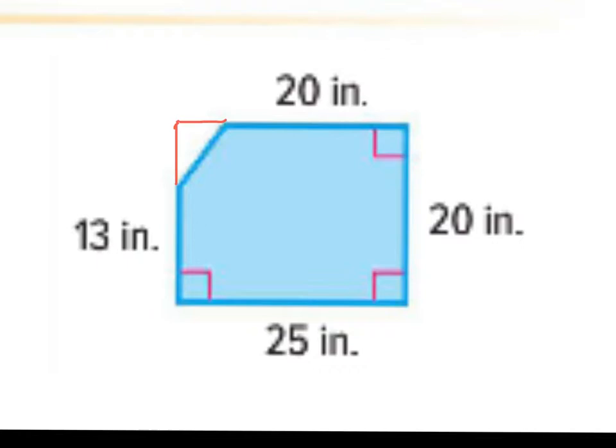Now, how long are these dimensions for this very small triangle that we have in the corner? Well, you can see that along the bottom, from this corner to this corner, we have 25. While up here at the top, from here to here, we have only 20. So what's the difference? It's 5, right?